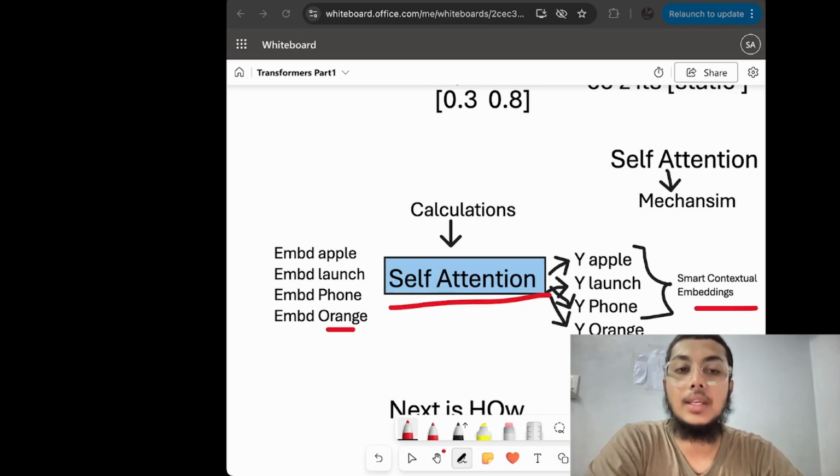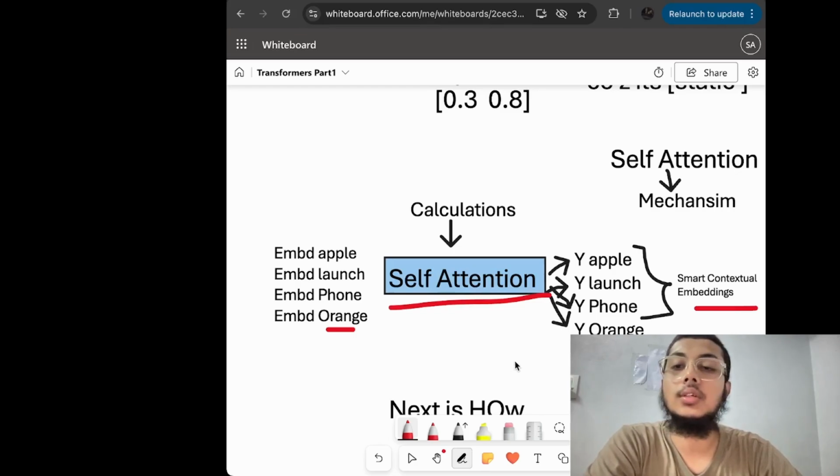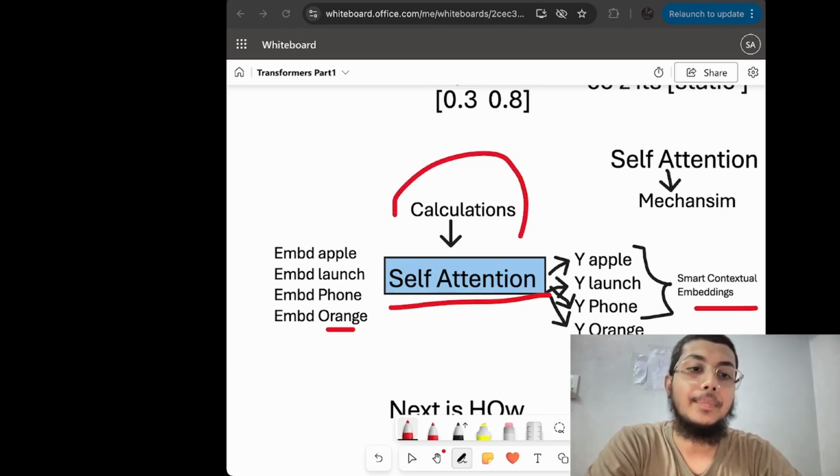Going forward, our only goal is to understand what calculation is going on inside.